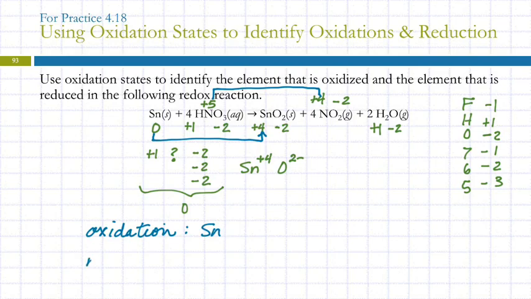So the reduction is the nitrogen. It's possible for more than one thing to be oxidized, more than one thing to be reduced. You just have to have a minimum of one of each. So let's check the oxygen here. Here we've got -2, and over here it's -2, and there it's -2, and there it's -2. The oxygen didn't do anything. Any questions?